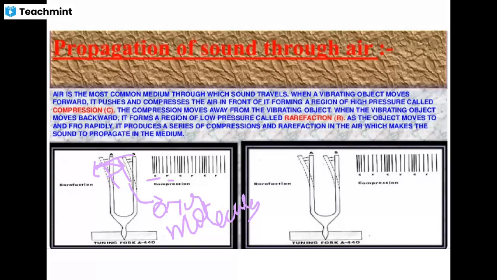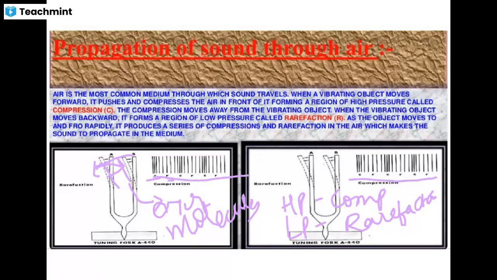These vibrations produce high pressure, which we call compressions, and low pressure, which we call rarefactions. Rarefactions and compressions I already explained in class. How the waves look, compressions and rarefactions, you can see in the picture here.